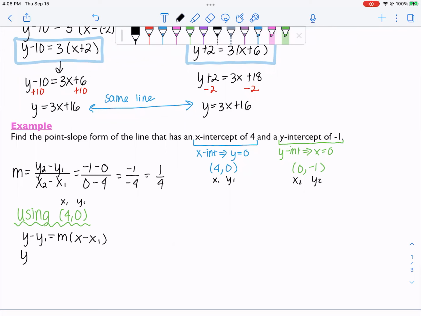In this case, y1 is 0, m is 1/4, and x1 is 4. Simplifying, we have y equals 1/4 times x minus 4. I am not distributing the 1/4 because it does say to leave my answer in point-slope form. So I don't want to distribute. I just want to leave it in point-slope form.